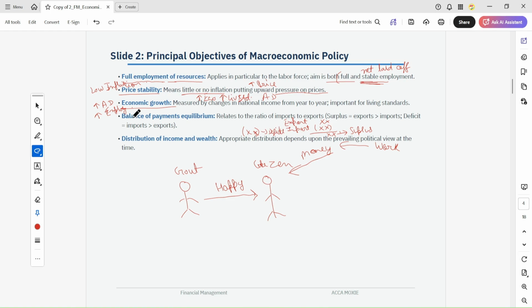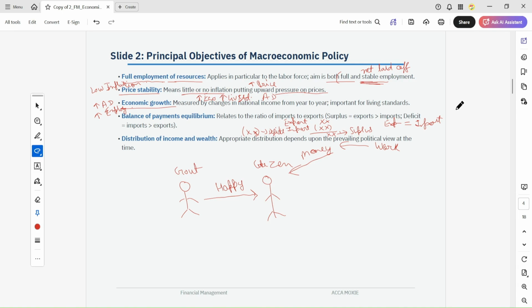So the government objective is to make export equal to import. But this is a very difficult situation. In a country, export can never be exactly equal to import; there is always some deficit or surplus.